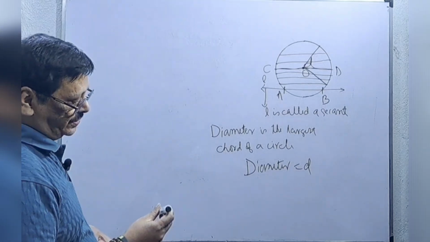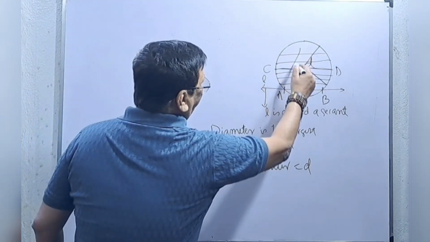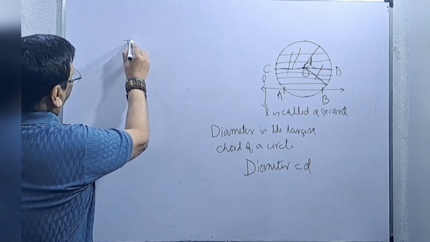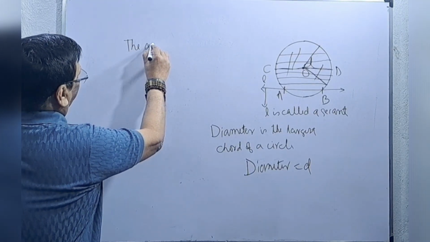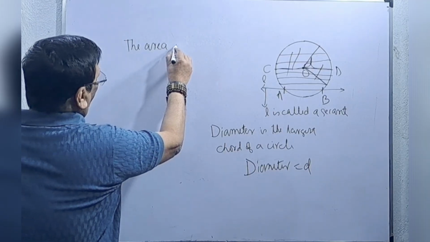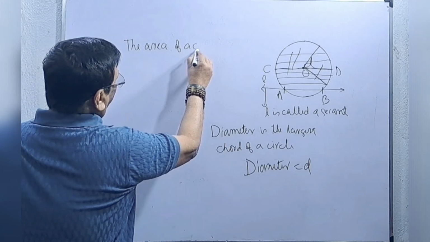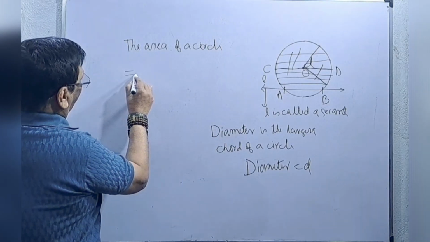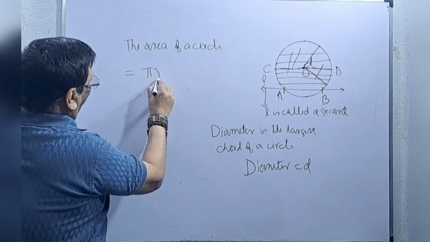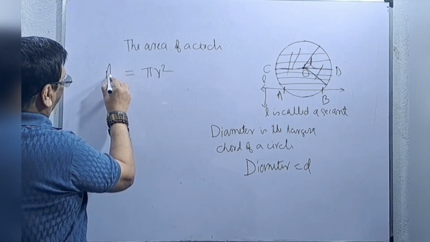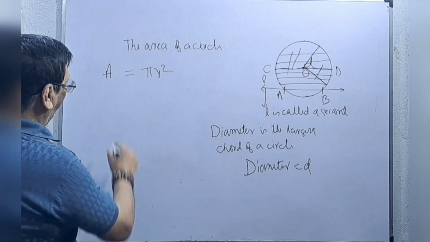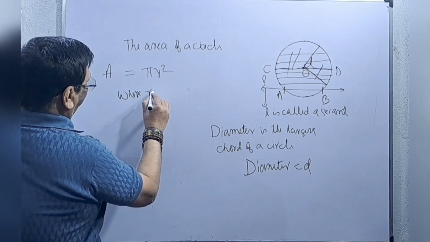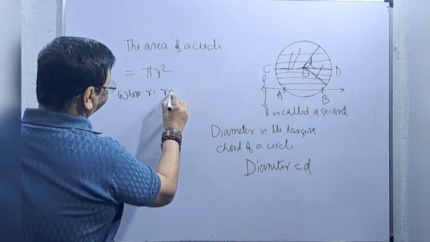Now the area of the circle is denoted by the space enclosed within it, right? So the area of a circle is equal to pi r square, right? Where r is equal to radius.